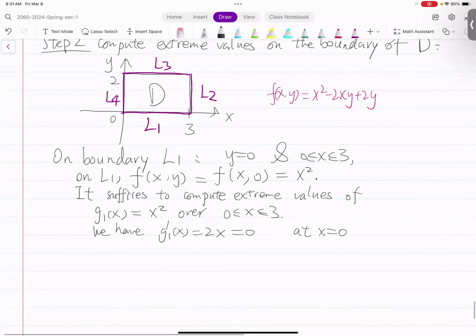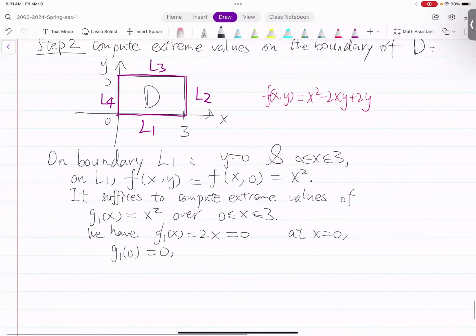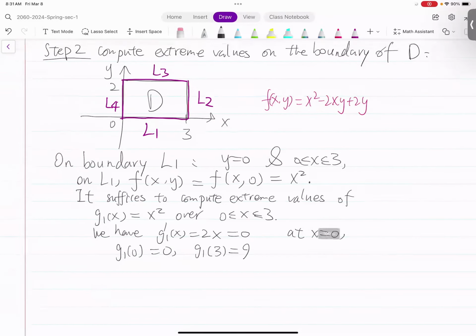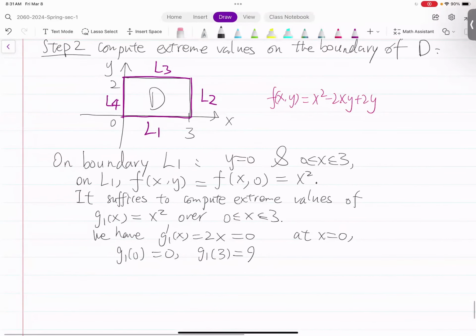And then we compare the endpoints 0 and 3. We have g1 of 0 is 0, g1 of 3 is 9, and of course, the critical point is 0 itself.